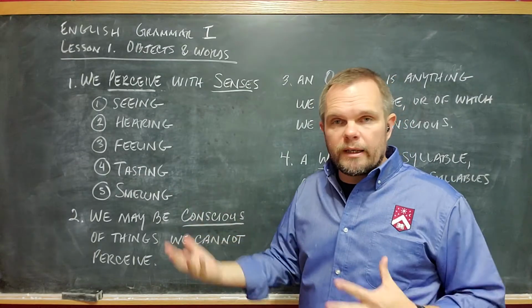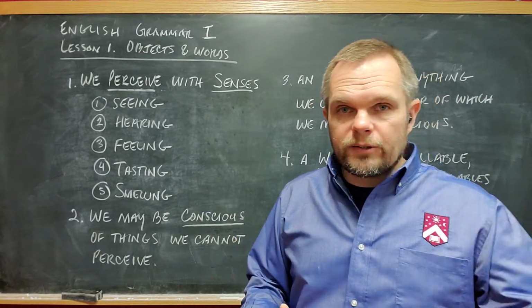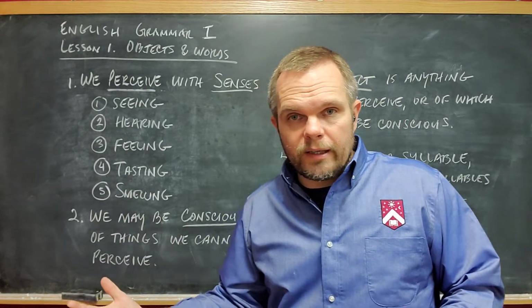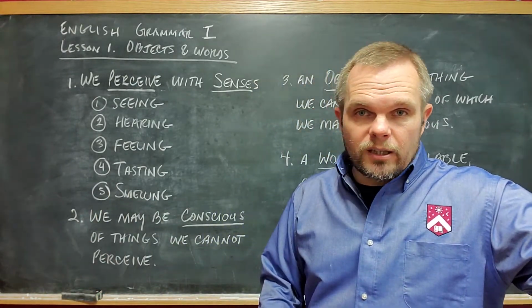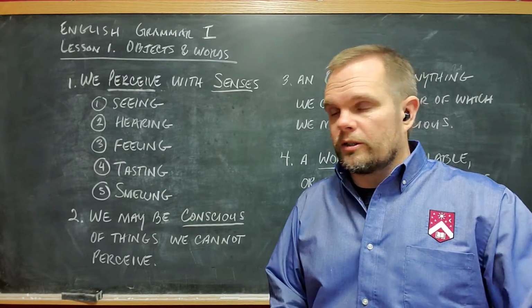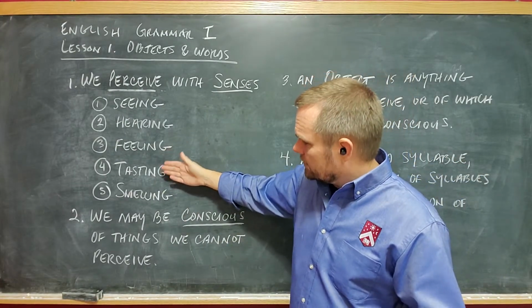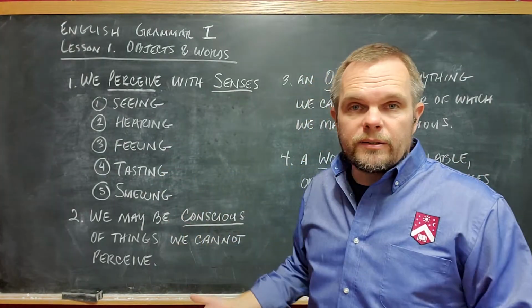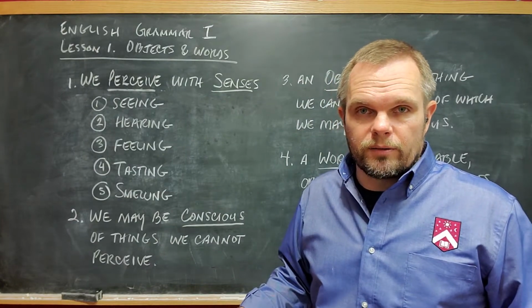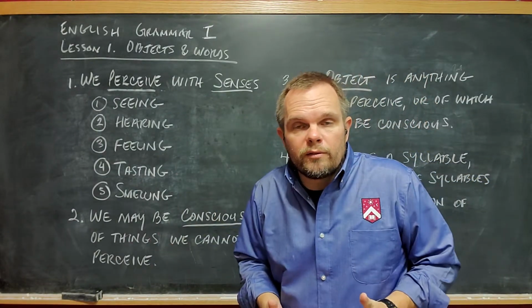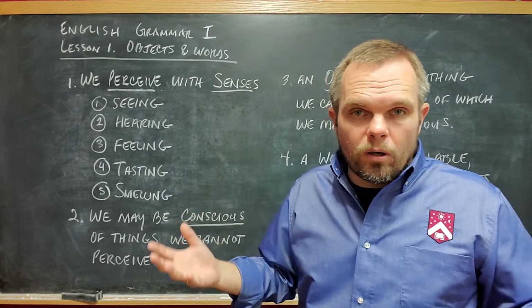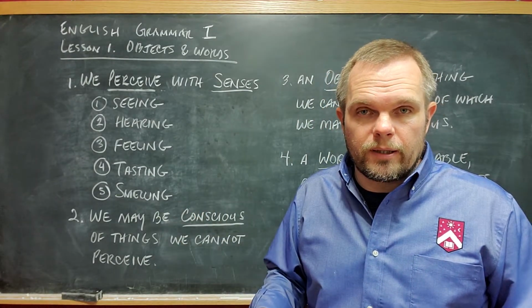And God has created all of these things, things that are visible and things that are invisible, things that can be touched and things that cannot be touched, things that can be tasted and smelled and things that cannot be tasted and smelled. God has created all of these different things, and these are all objects, okay?